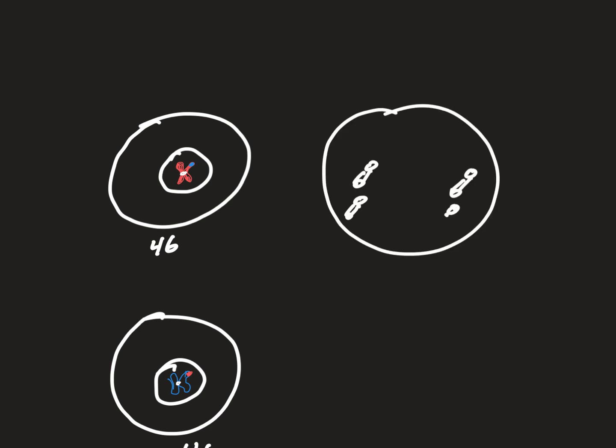It's amazing to me how fast this happens. Spindle fibers form. This time, though, they're going to do just what they did in regular mitosis. They're going to line up, I have to make this orange here, they're going to line up as sister chromatids.